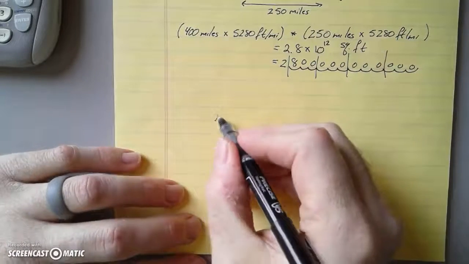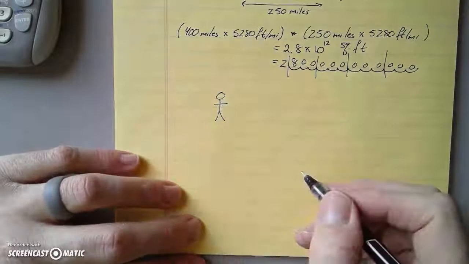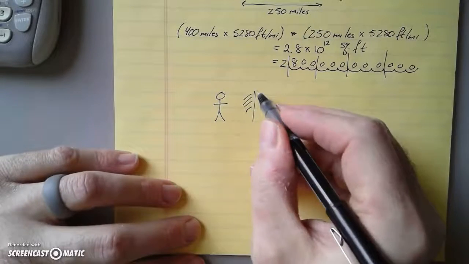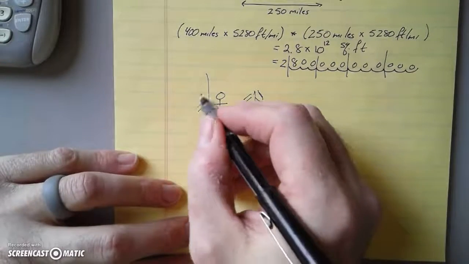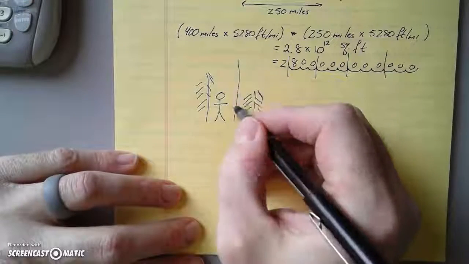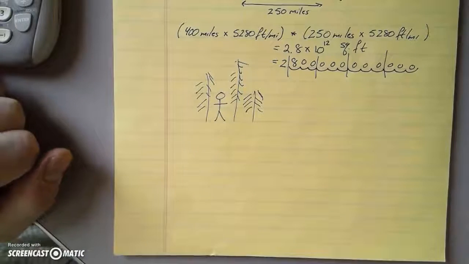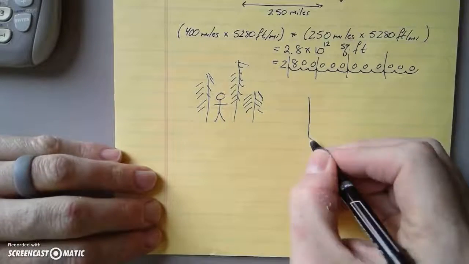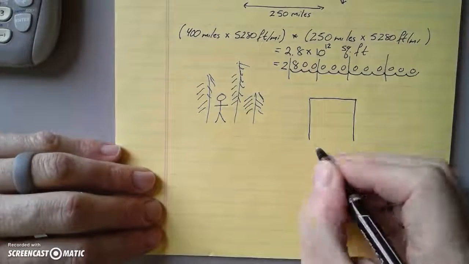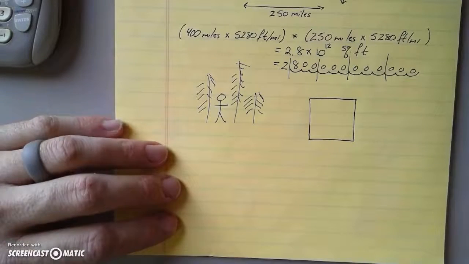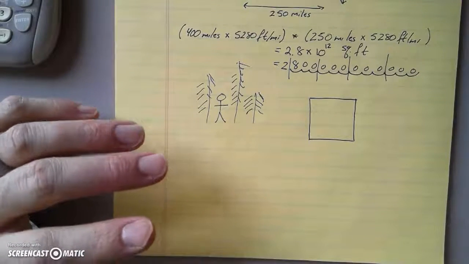Well, if I'm standing in the woods, and there are trees, of course, all around me, I just have to think about a typical walk in the woods. And based on my experience, if you're in the woods, you can usually touch a tree.